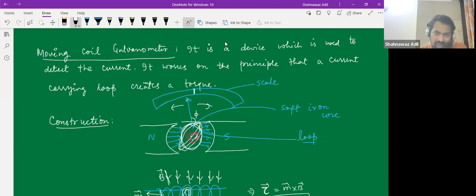So my drawing is bad. Please look into the NCERT book.